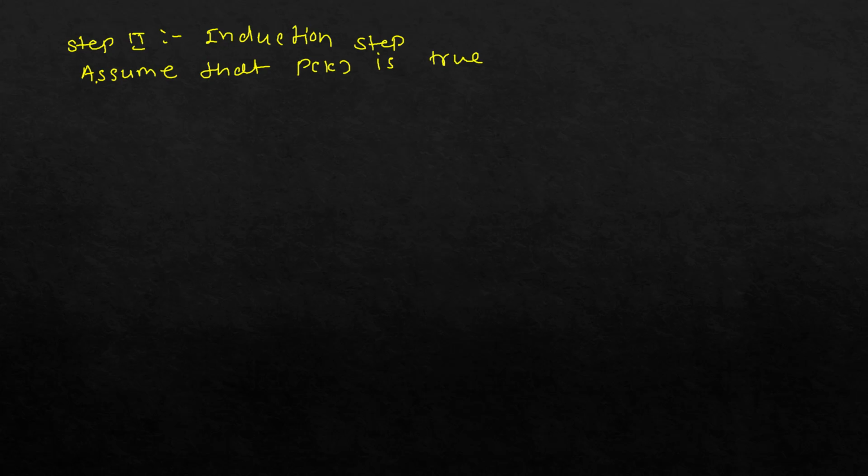Now step number 2. Induction step. Now for the induction step, we have to assume that P of k is true for some k belongs to capital N. Therefore, 1 plus 2 plus 3 plus dot dot plus n replaced by k is equal to k(k plus 1) upon 2.